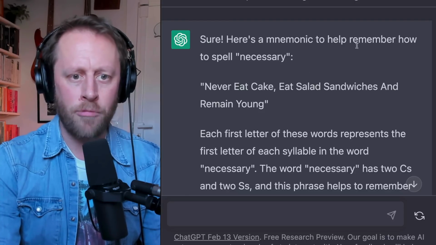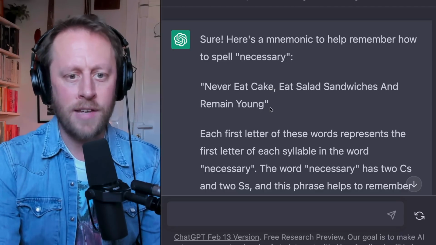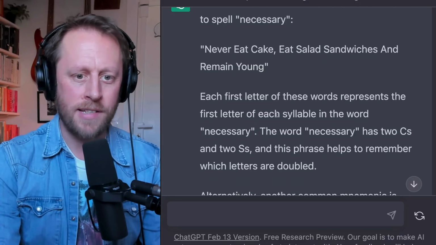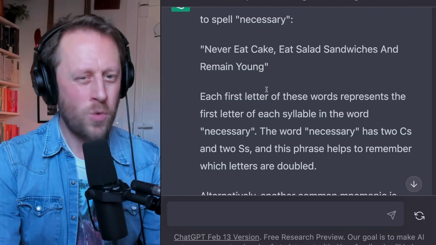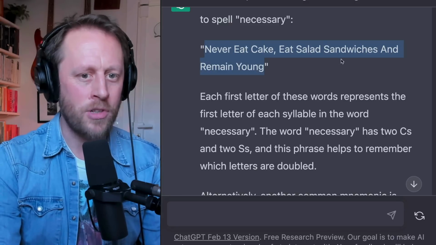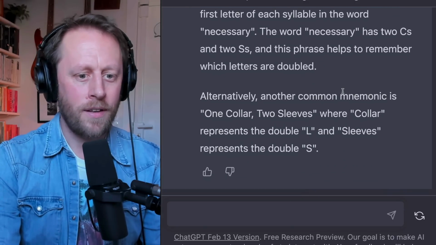Here's a mnemonic to help remember how to spell necessary. Never eat cake, eat salad sandwiches, and remain young. Wow, that's even better than mine. Each first letter of these words represents the first letter of each syllable in the word. It's quite memorable as well. Never eat cake, eat salad sandwiches, and remain young. Yeah. Okay.